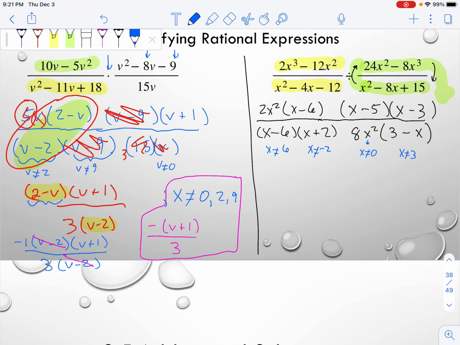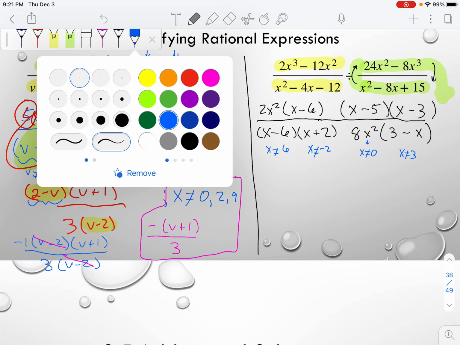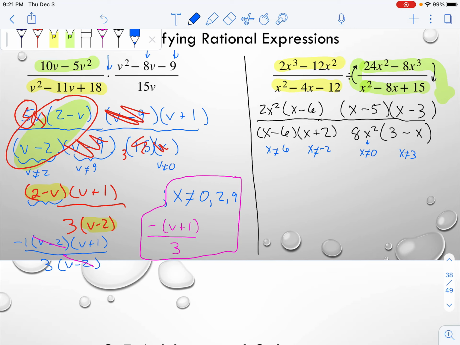Now let's go cancel giant ones. So we have a factor of x minus 6. We have an x squared. And if we look at this again, here's another one of those situations where we have the opposite. So that's technically a giant -1. So I can cancel that out and put a negative out here for that.